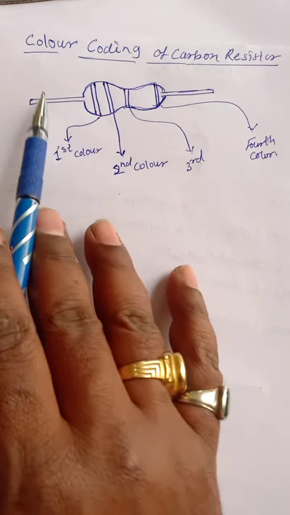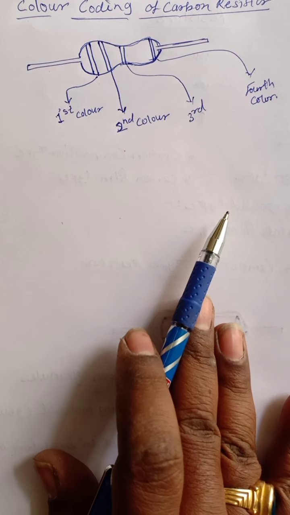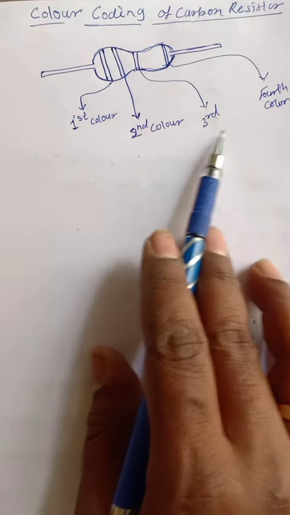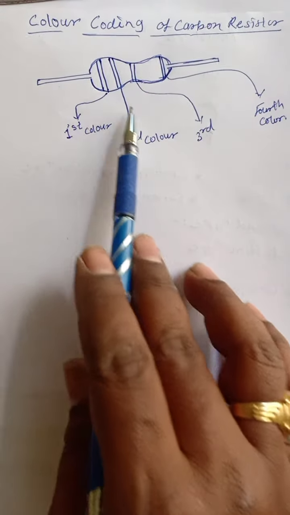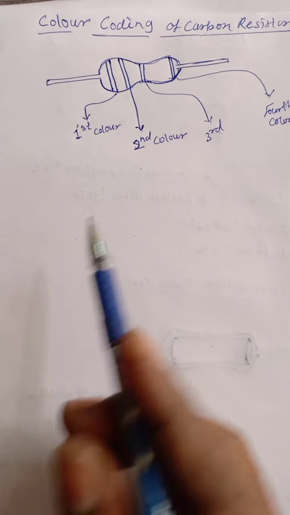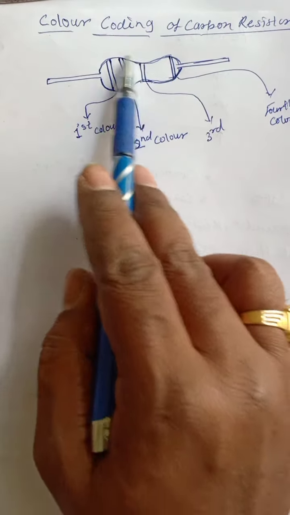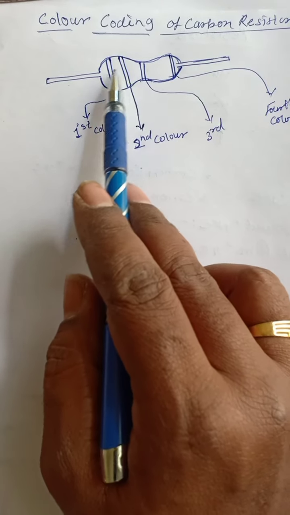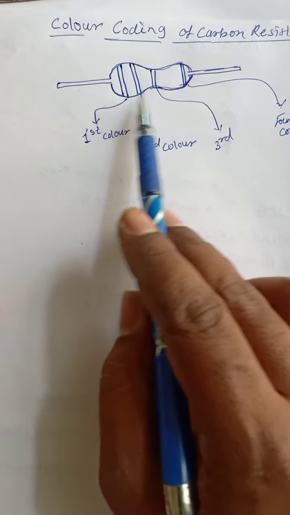So this is the color codes. We are going to see the color code chart, and depending on that we are going to see which color on which position represents what value of that particular band. If we observe the four color band resistor, three color bands are printed very close to each other, and the fourth one is just away from these three.